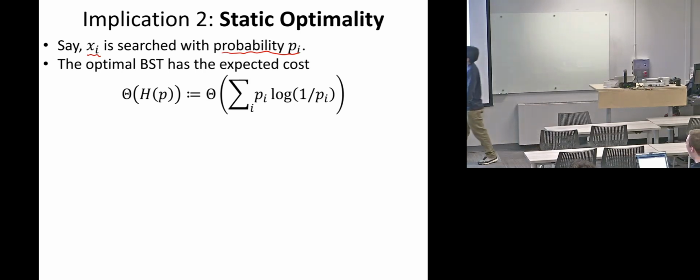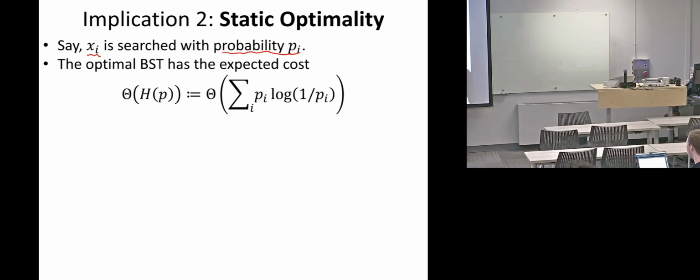Then the expected cost of the optimal binary search tree will have this cost. Like we actually do DP to get to the optimal binary search tree, right? I will not show you the proof, but the cost of that optimal binary search tree is going to be something like this.